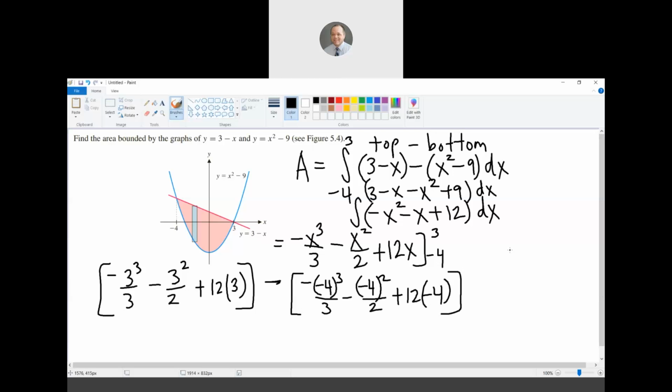All right, now we're going to evaluate everything carefully. Negative 3 cubed is -27, divided by 3 is negative 9. 3 squared is 9, so that would be negative 9 over 2. And 12 times 3 is 36.